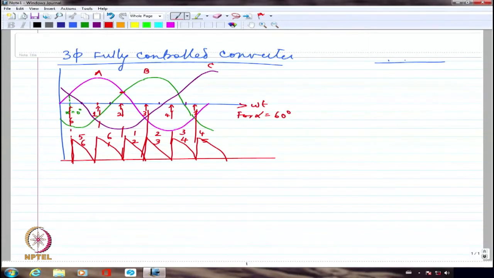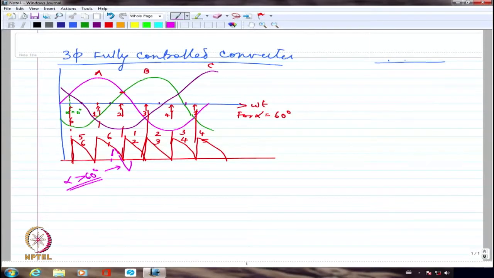So we said as we increase the firing angle further, I am probably going to see that this gets delayed further, and maybe I will have some negative portion and so on. So this is for alpha greater than 60. Whatever I have drawn in the purple or pink color corresponds to alpha greater than 60.